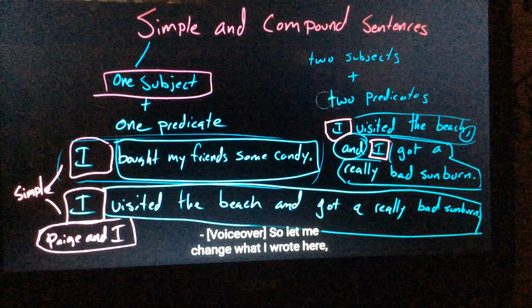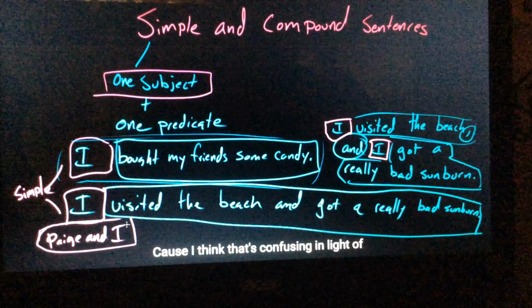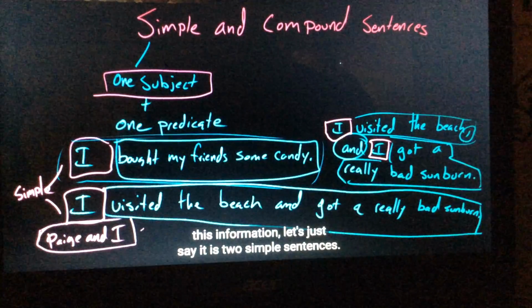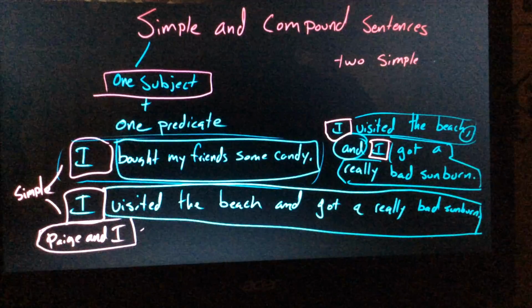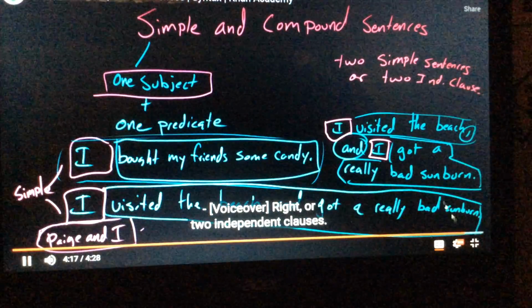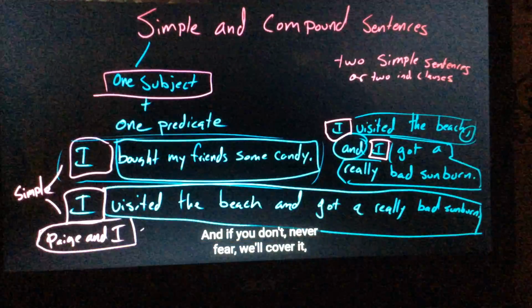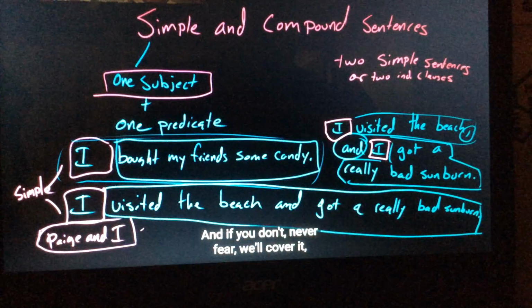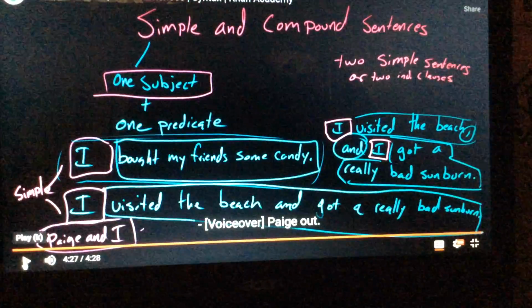So let me change what I wrote here to just say, instead of two subjects and two predicates, because I think that's confusing in light of this information, let's just say it is two simple sentences. Or two independent clauses. You know that terminology. And if you don't, never fear, we'll cover it, and you can learn anything. David out. Paige out.